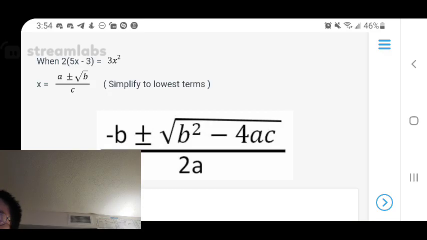Or you want to simplify to lowest terms. Oh, I see. So you want me to do like 10 divided by 2 is 5, 28 is 14 over 3, something like that. Because I don't know what the square root of 28 is.